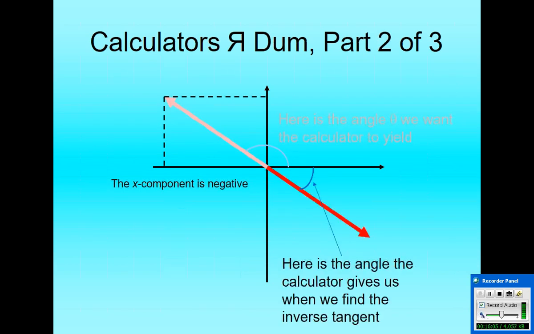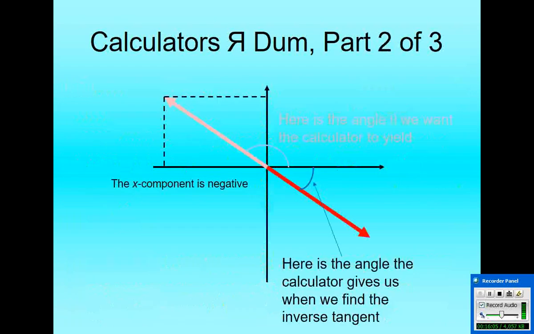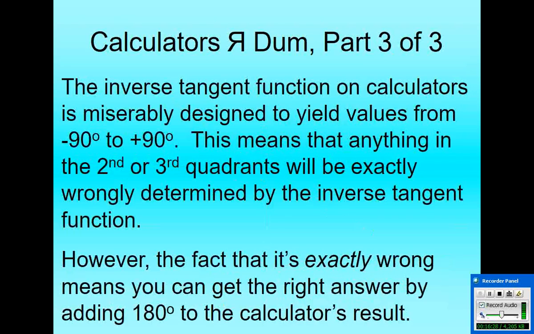What's going to happen is your calculator is going to give you an answer that is pointing in exactly the opposite direction. I don't know why they're programmed this way, but they are. Calculators are programmed so that the inverse tangent function always gives a value between negative 90 degrees and positive 90 degrees. That means anything in quadrant 4 or quadrant 1, anything to the right of the y-axis, whether above or below the x-axis.